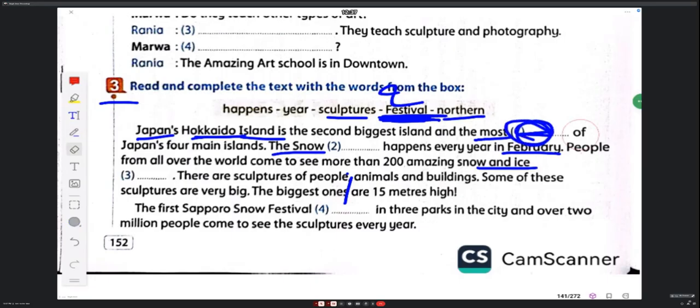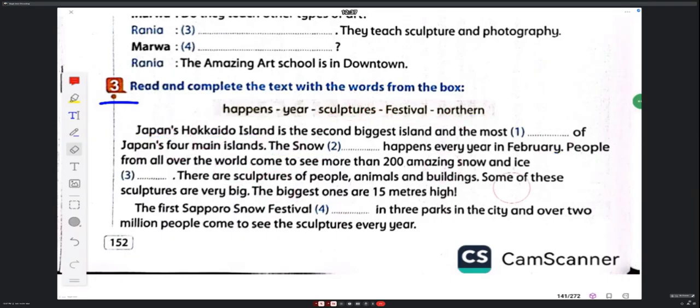I predicted it to be Northern, but I don't like it, so we kept it to the end. Number one, Northern for sure. Number two, festival.